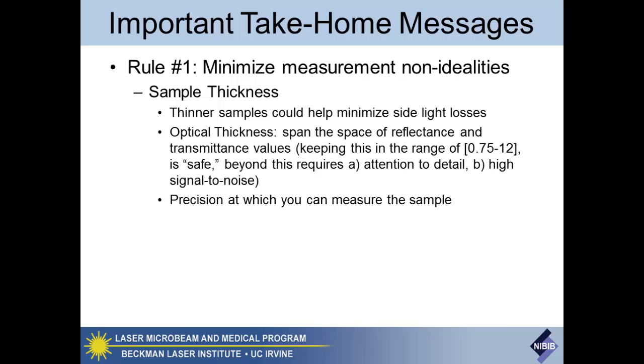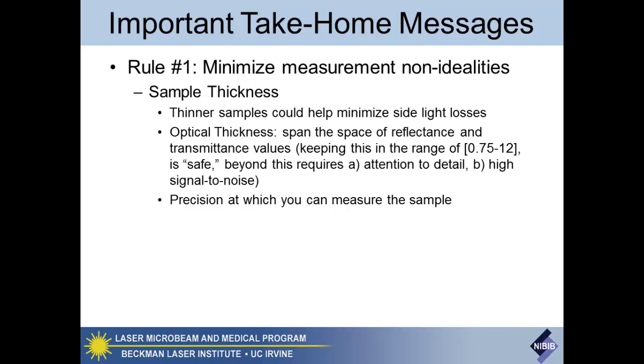Questions of sample thickness: thinner samples would help minimize the practical aspect of side light losses. When you look at the optical thickness, there's a certain range, from that one figure I showed very early on, that would be ideal in order to make the parameter space of your minimization and detection of optical properties as good as possible.